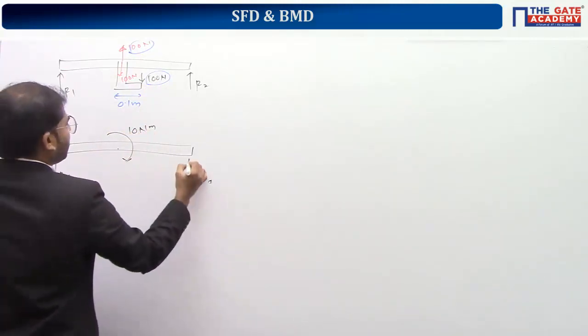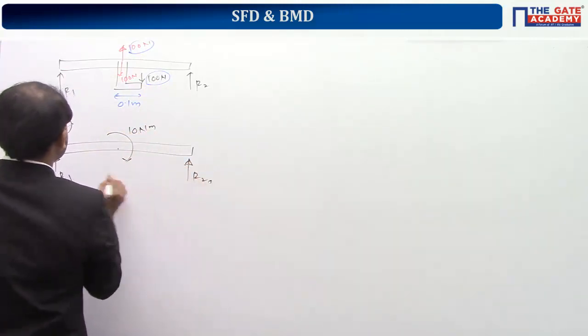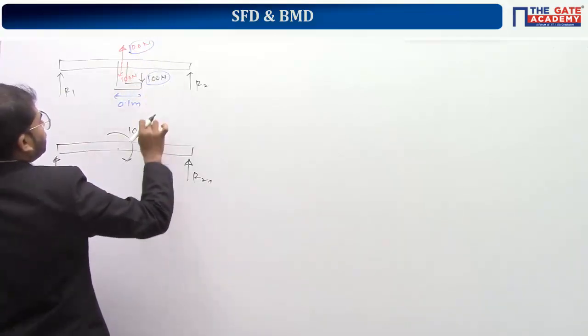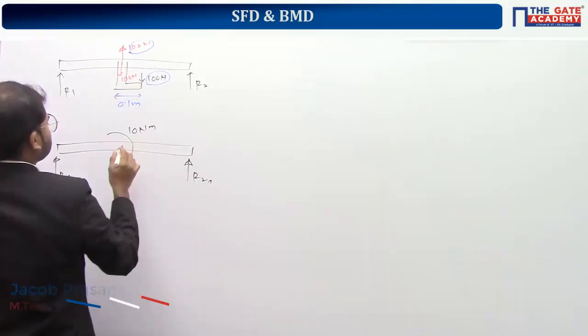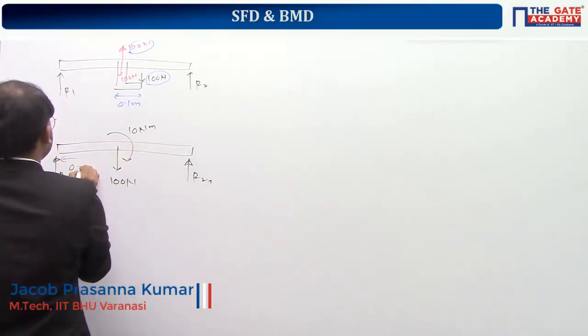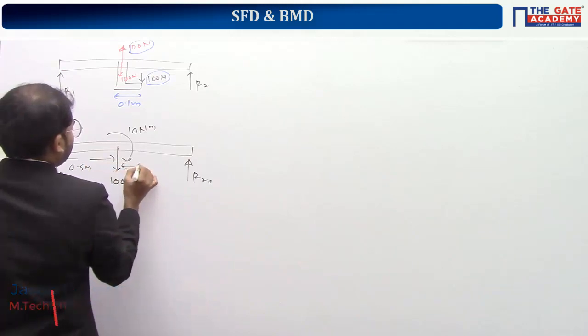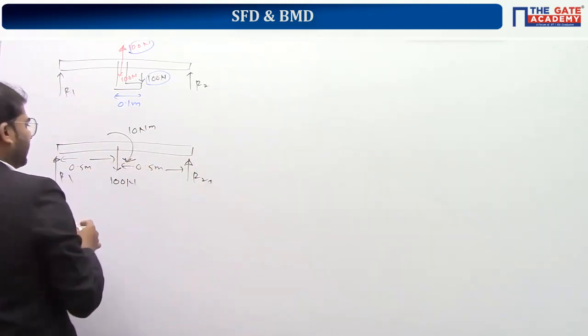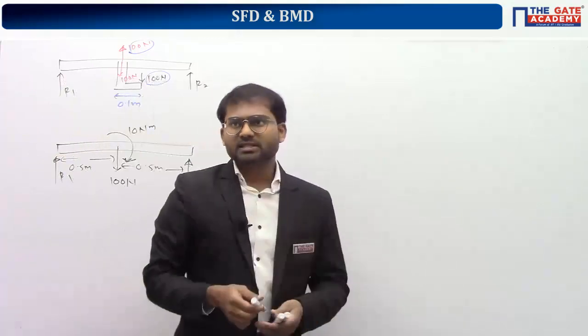You have this as R1, this as R2, and it is acting at the center. So these two are giving rise to a moment of 10 Newton meter, but the already existing force of 100 Newton is also there. This is 0.5 meter and this is 0.5 meter. You should take this loading condition to get the answer for this question.